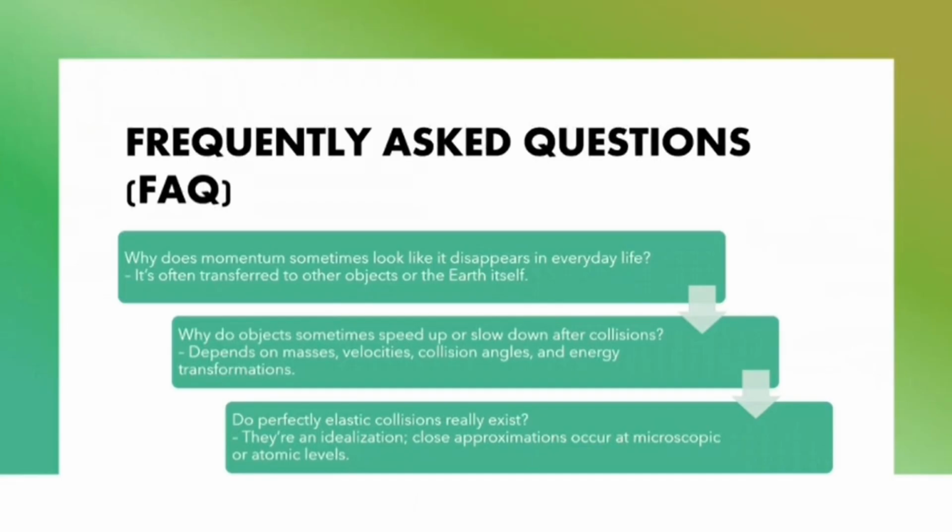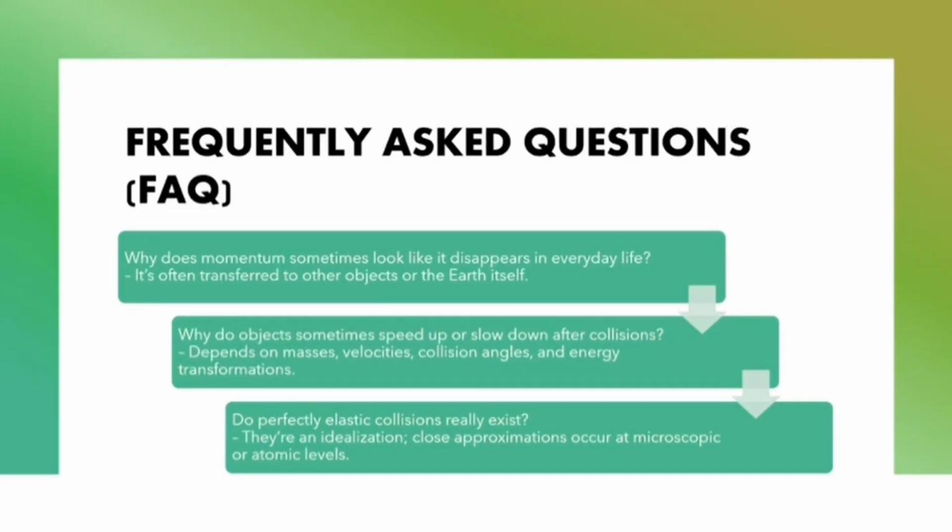There are 3 questions to wrap up. You can try to do it. So in the first question, does momentum even truly disappear? No, it only seems to if we don't consider the entire system.